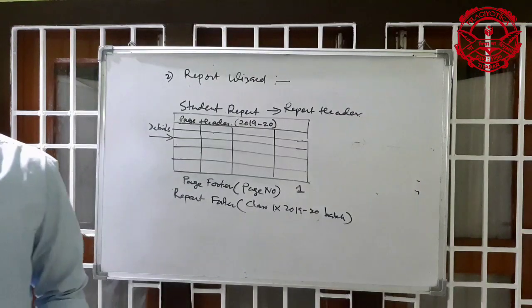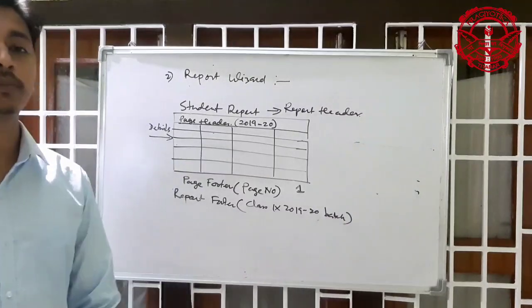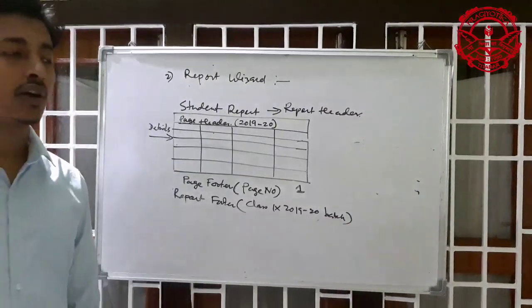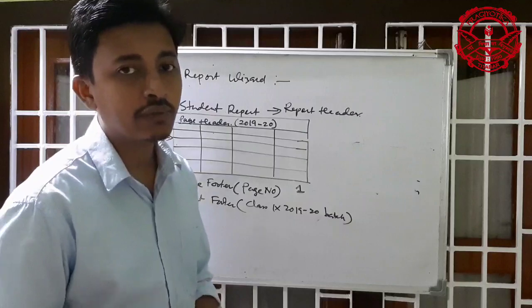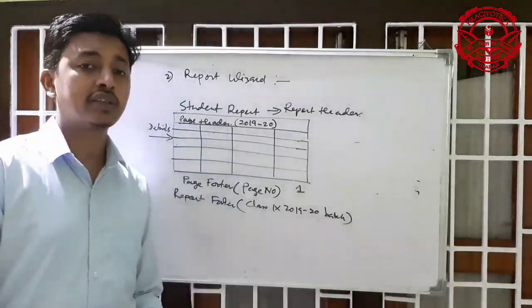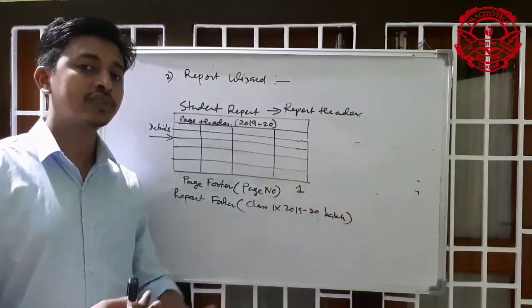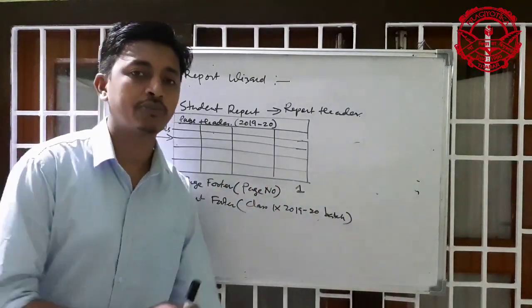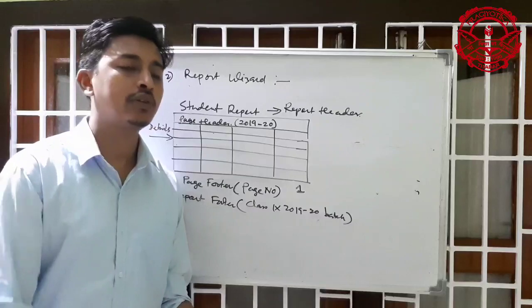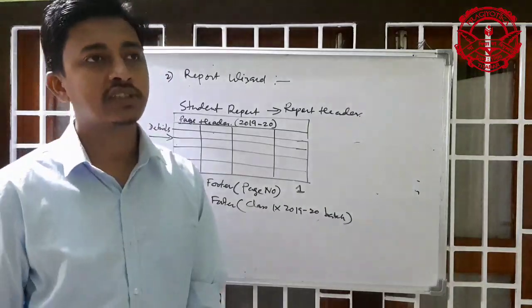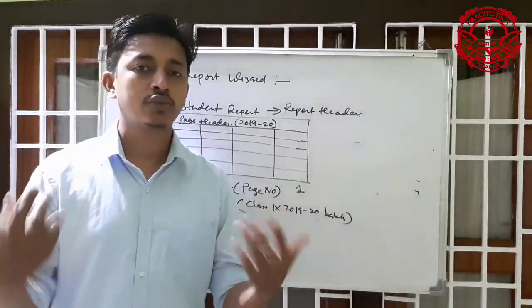Reports are an effective way to present your data in printed form. It is a very easy way to get the results. It enables others to understand the data and also to make decisions for the future. So this is called a report, and it is very important.